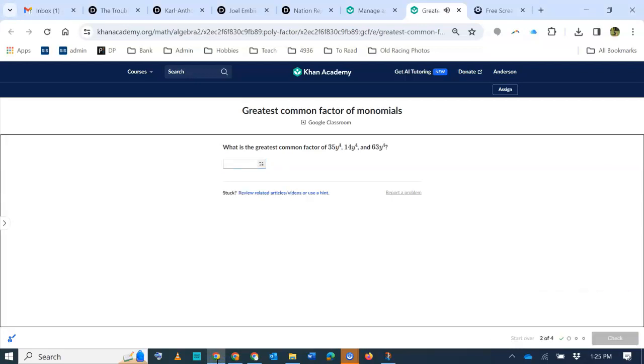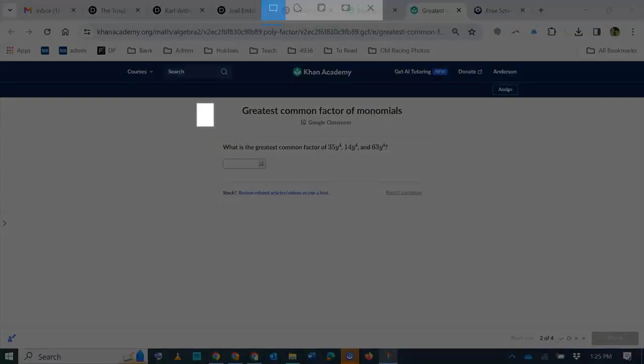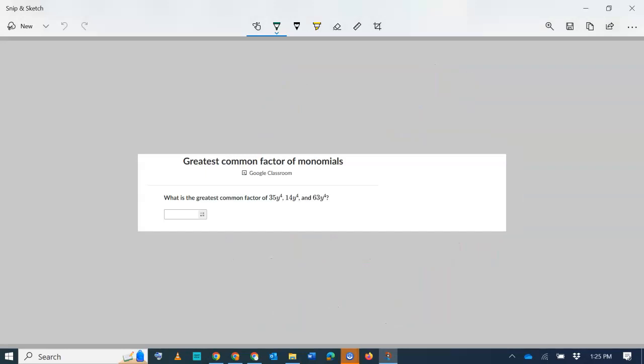Okay, I'll do one more. A little faster here. I'm actually looking at the variables this time, going backwards from last time. If you look at all of our variables, they're all y to the 4th. So we know we can pull out all those. That part's pretty easy. Then 35, 14, and 63.